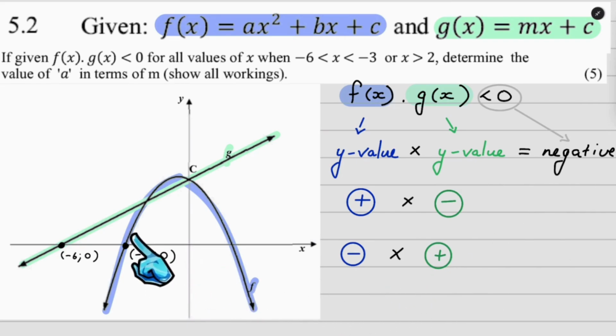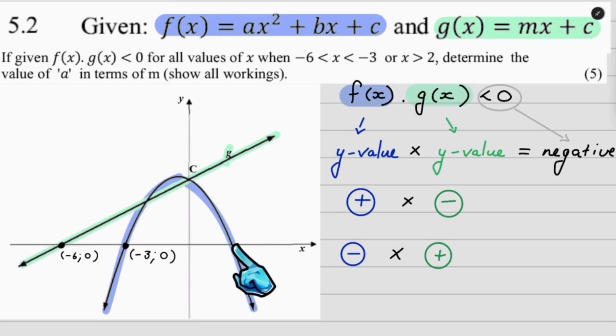And now I'm going to keep scanning my graphs from left to right. This one's still got a positive y value. The green one's still got a positive y value, so nothing changes. Positive y value, so that's not working. Things are going to change when I cross this intercept. Now I've got a negative y value for my blue graph and a positive y value for my green graph.